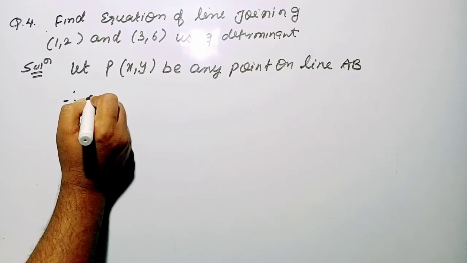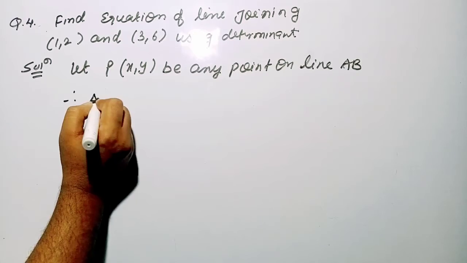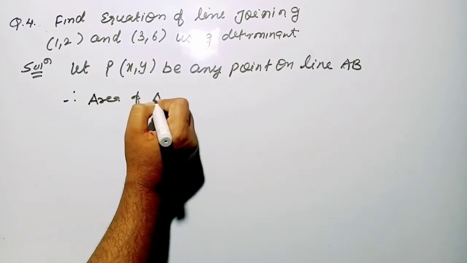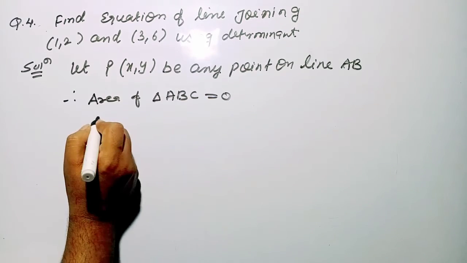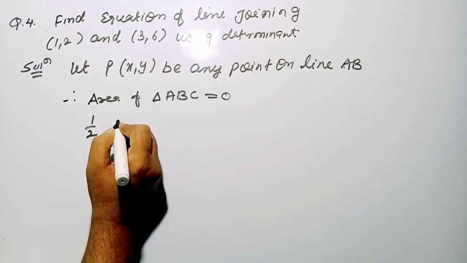So we know the formula for the area of triangle ABC is equal to 0 because the three points are collinear, right?